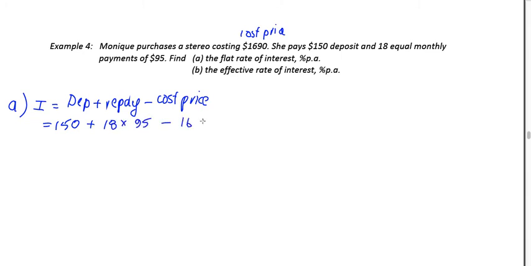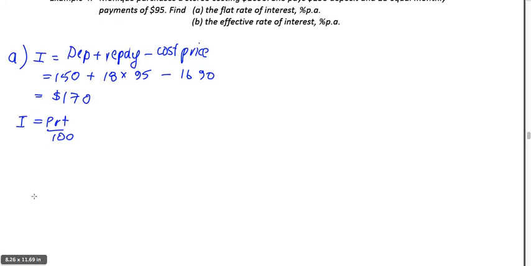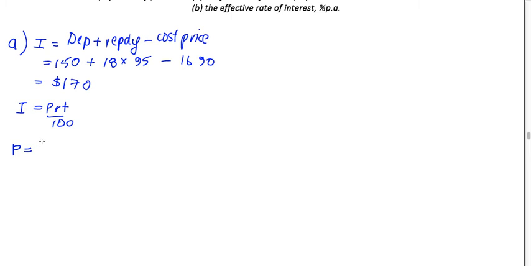Subtract $16.90. The interest paid is $170. To get the flat rate, we use the simple interest formula. The principal, that's $16.90 minus the deposit of $150. So that's $15.40.